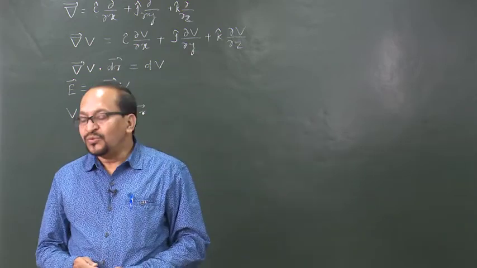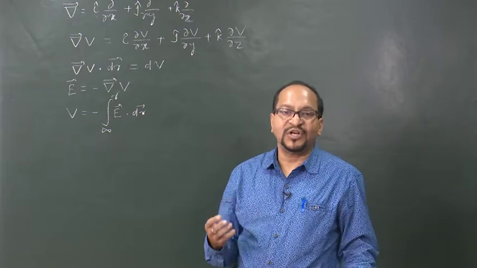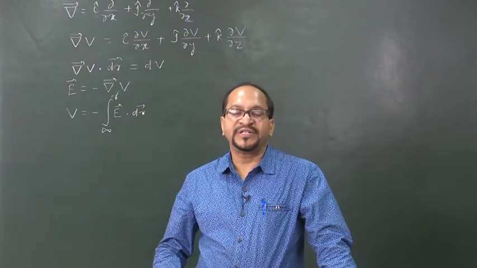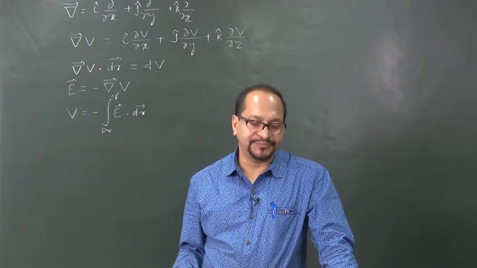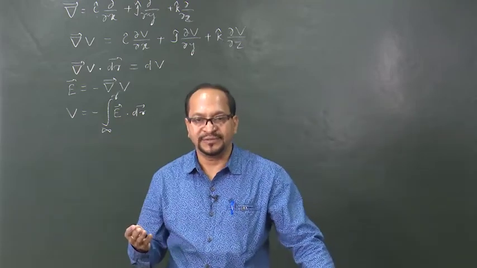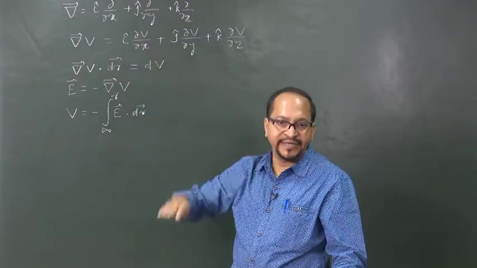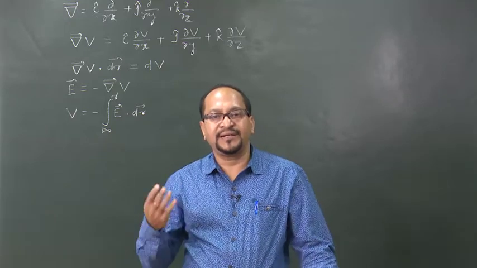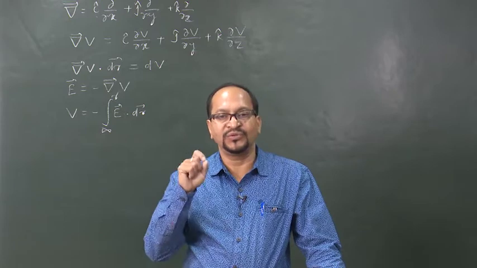Similarly, we can use this del operator with dot and cross, but instead of multiplying, we will replace multiplying by acting upon. We will say this del acts upon. Now, it acts upon a scalar, that is gradient. If it acts upon a vector, it can act through dot or through cross.